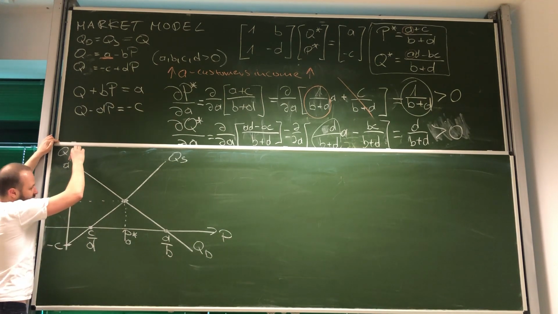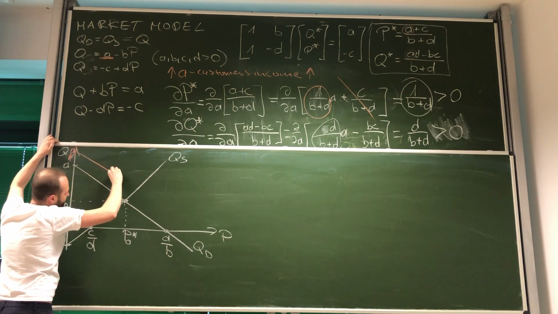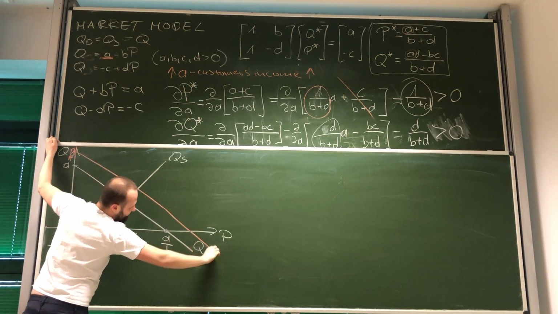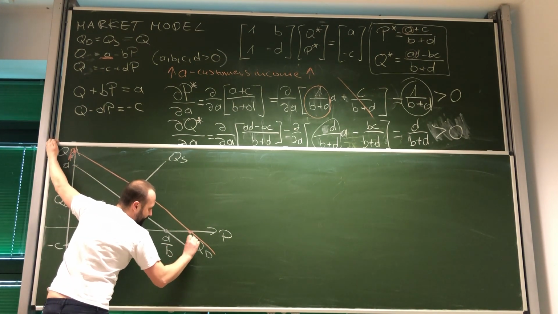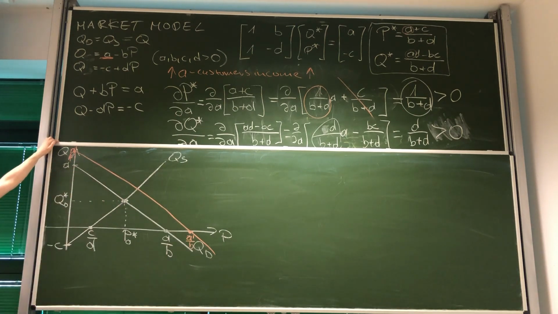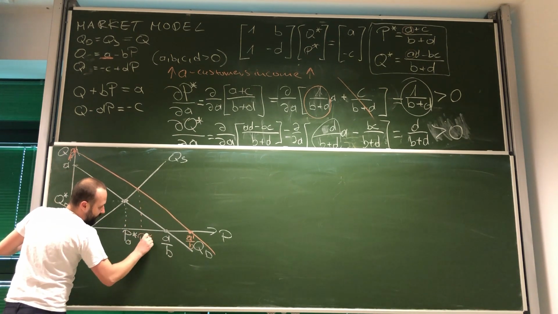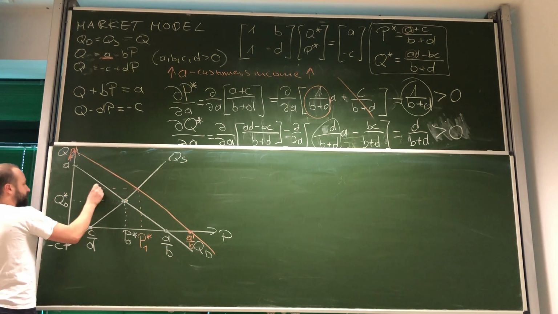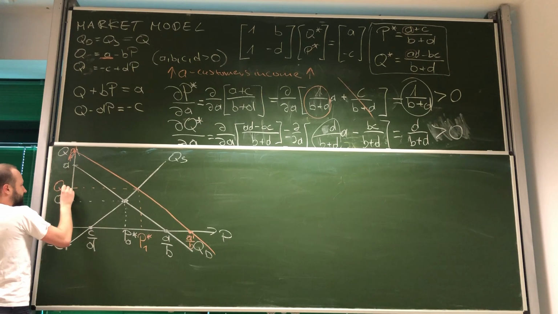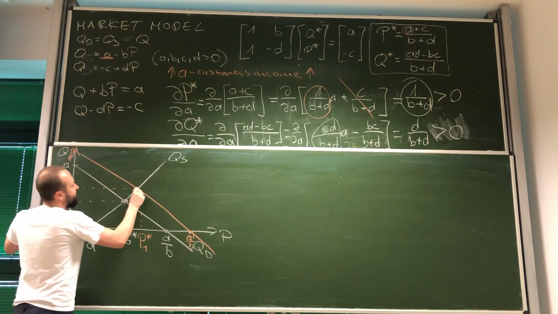So now you see that the demand function starts higher and it cuts through the P-axis lower, because here we will have some bigger A prime over B. But look, we can also see that this increase in demand is associated with higher equilibrium price and higher equilibrium quantity.